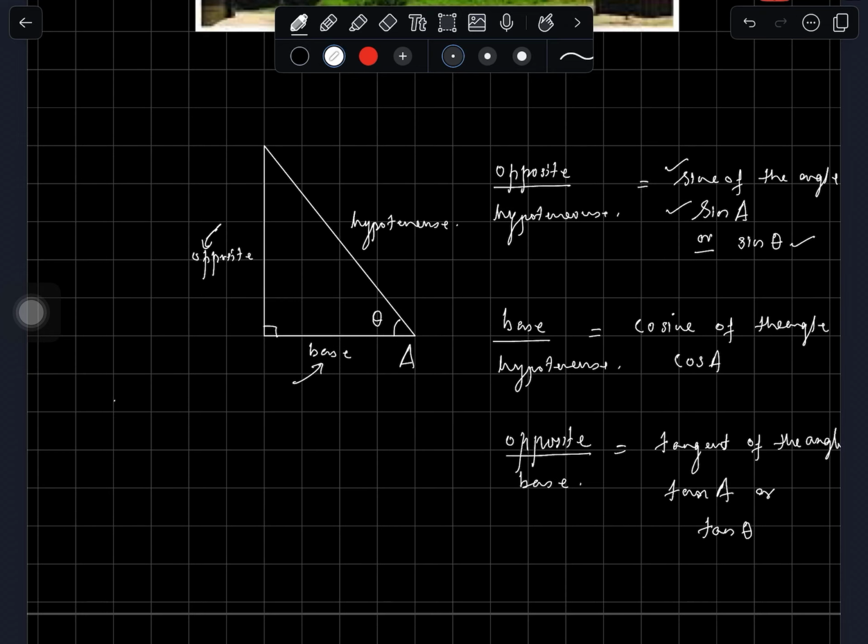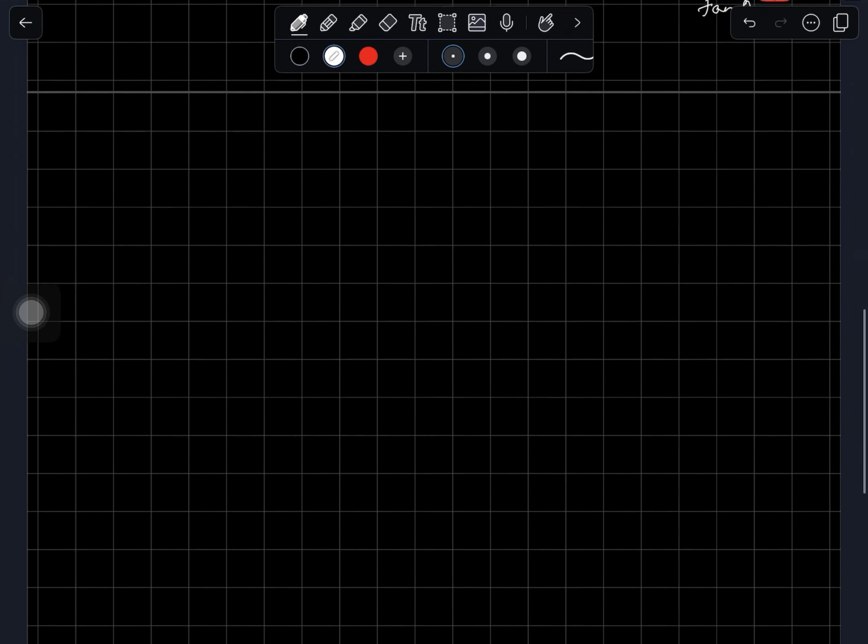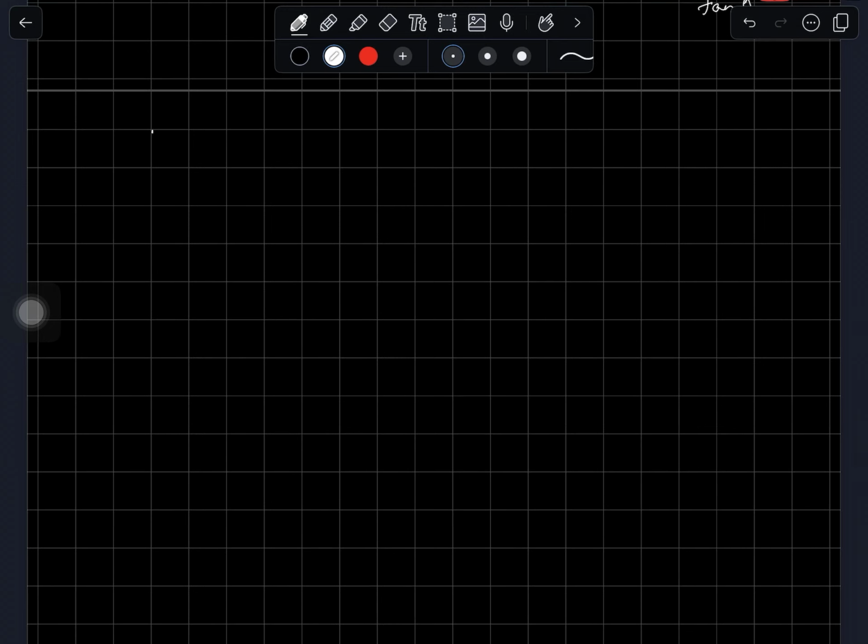Let us try a few basic questions based on this. So let me place another triangle for you. And this time let me call the angle over here some alpha.